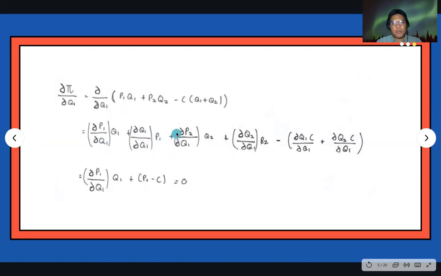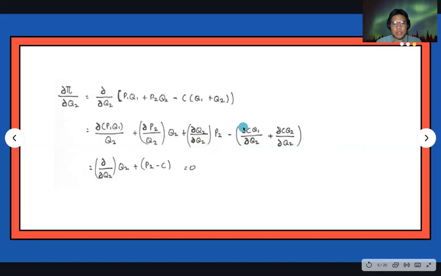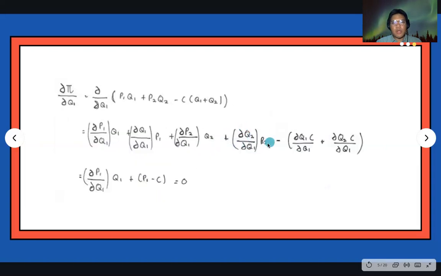Plus dou P2 over dou Q1 multiplied by Q2 is not valid, so we define it as 0, and dou Q2 over dou Q1 multiplied by P2 is not valid either, so it is 0.